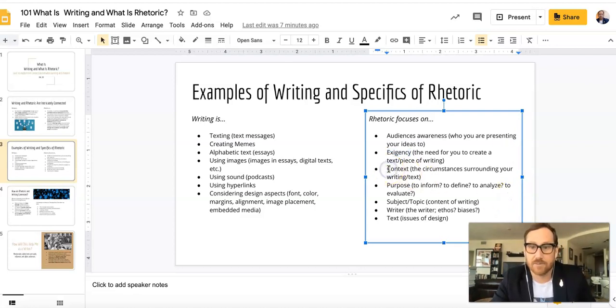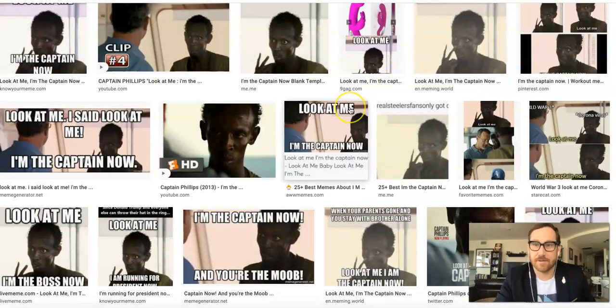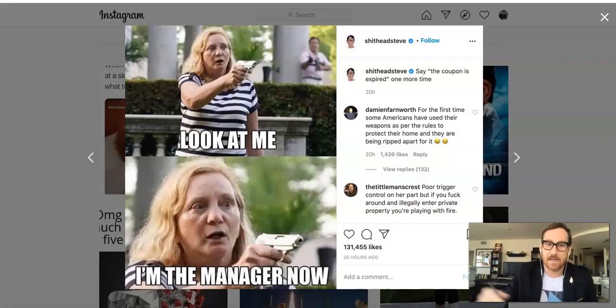The context is where I think this gets really interesting and layered, because this very rhetorically focused meme is relying on older memes, which rely on a movie. I don't know if you've ever seen Captain Phillips, but this is the "I am the captain now" meme that was popular for a while and still pops up every once in a while. And here it's being rehashed.